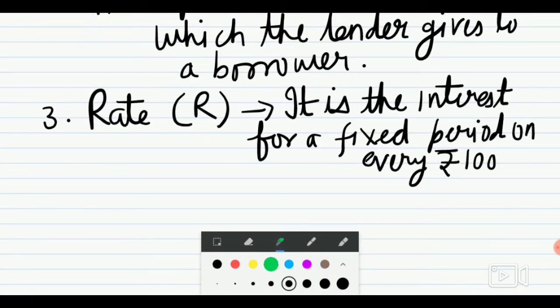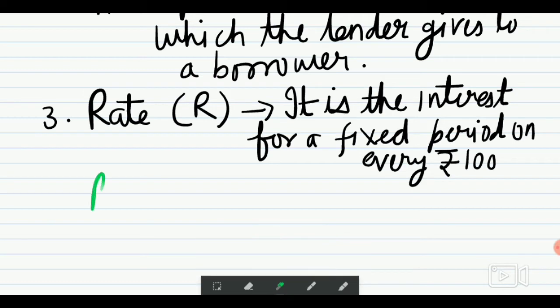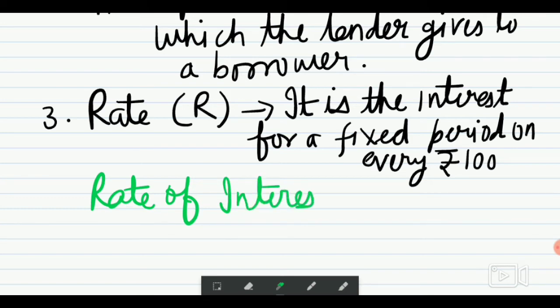Suppose the rate of interest is 18% per year. It means that on rupees 100, the interest in 1 year is rupees 18 per 100.